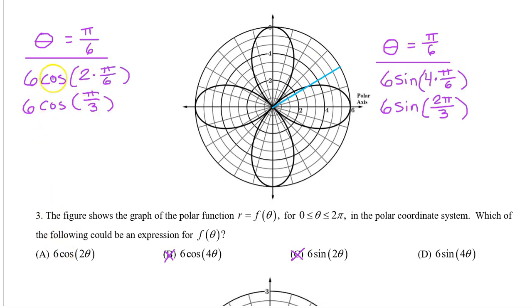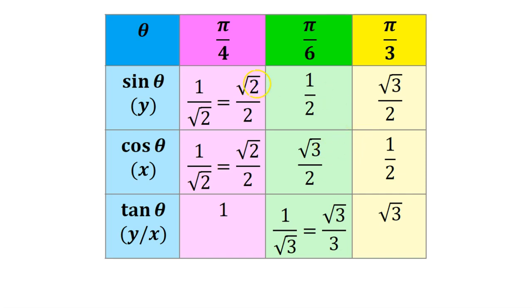Option A becomes 6 cosine 2 times pi over 6, which simplifies to 6 cosine pi over 3. Option D becomes 6 sine 4 times pi over 6, which simplifies to 6 sine 2 pi over 3. If you have not yet memorized the 9 trig values on this chart, I don't know what you're waiting for. Pause the video and get it done right now.